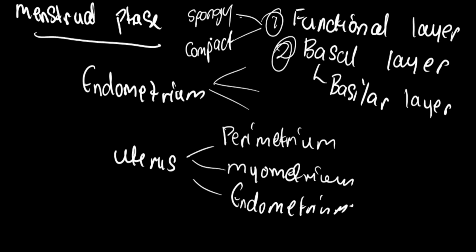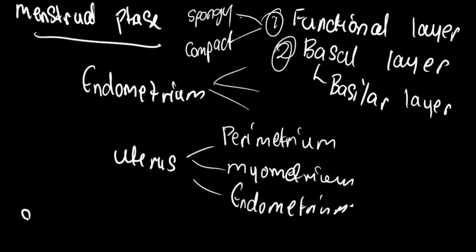Now, the functional layer of the endometrium is the part of the endometrium that is sloughed off during the menstrual cycle. As we go on, we'll get to see how it's sloughed off and why it sloughs off.